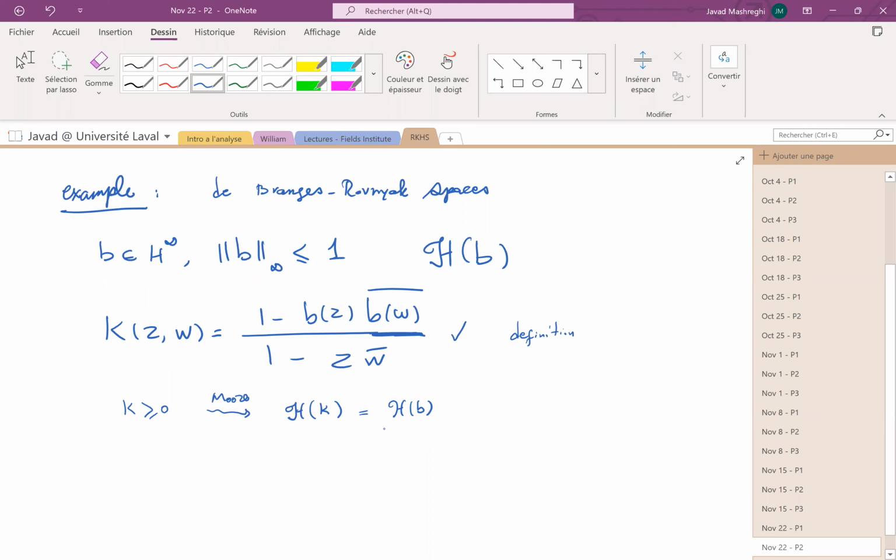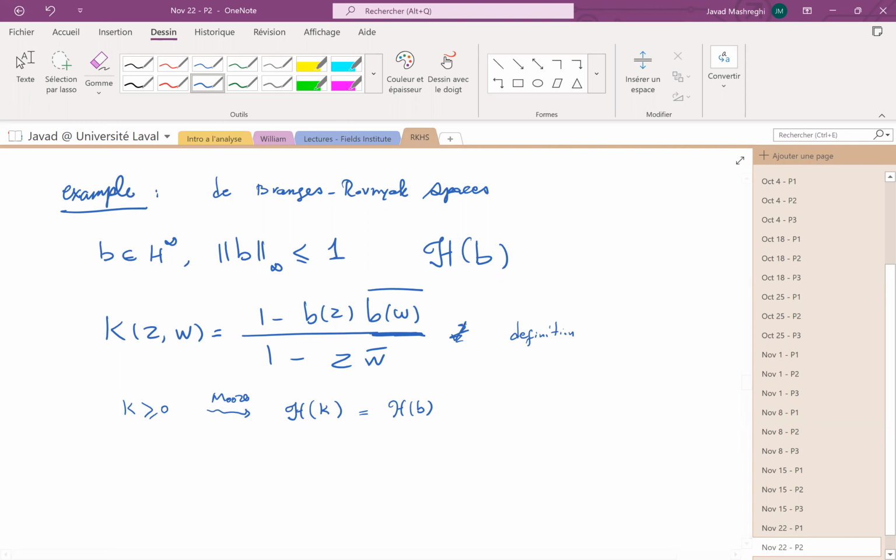We use the Toeplitz operator to define HB as a function space, and then we show that it is an RKHS, and its kernel is given by this one. This second approach is better, and you can more easily prove some of the properties of HB spaces.